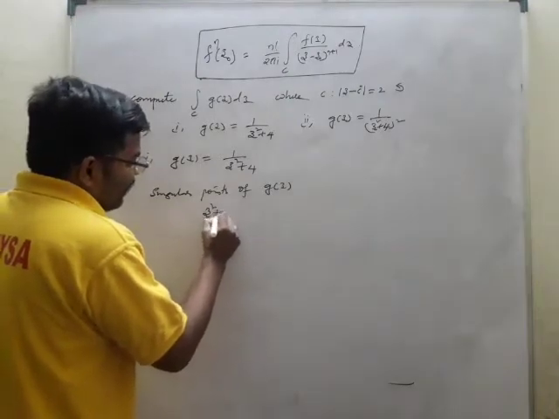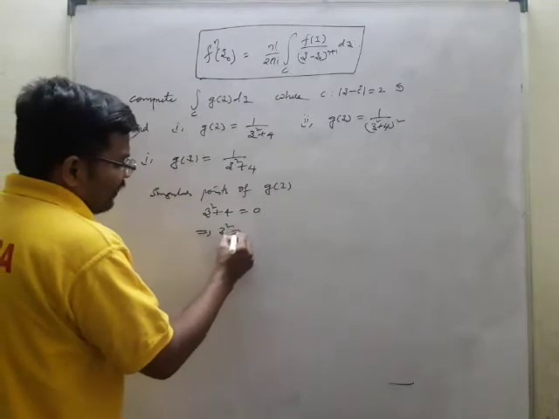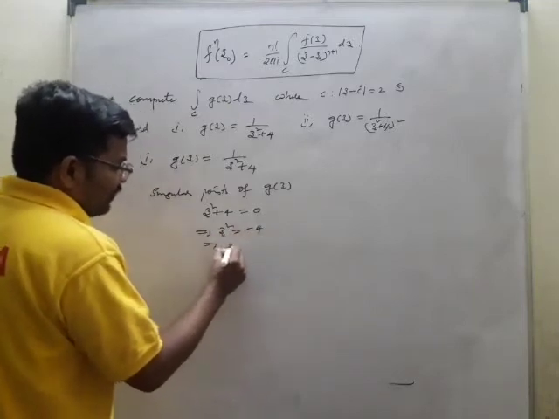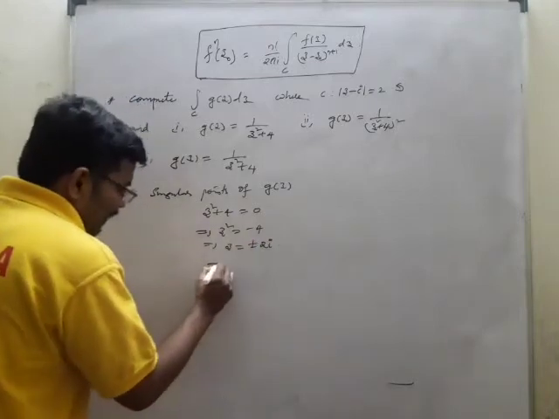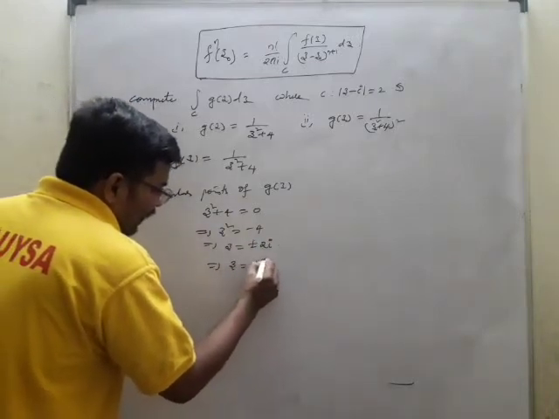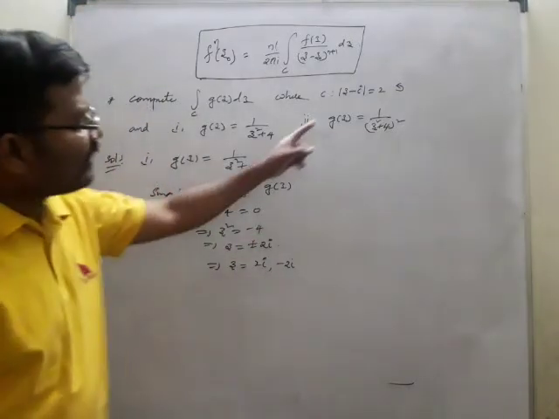So z square plus 4 is equal to 0. That implies z square is equal to minus 4. So z is equal to plus or minus 2i. Means z is equal to 2i and minus 2i. But what is c?